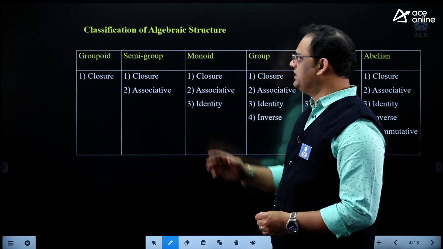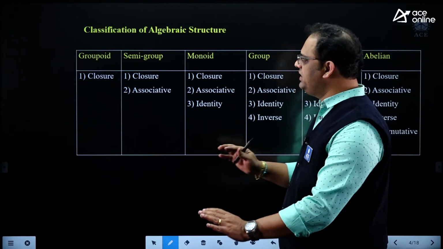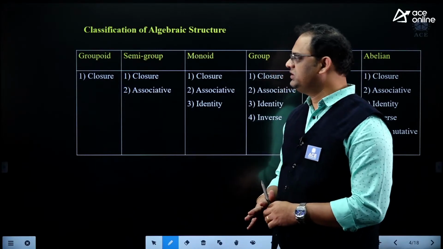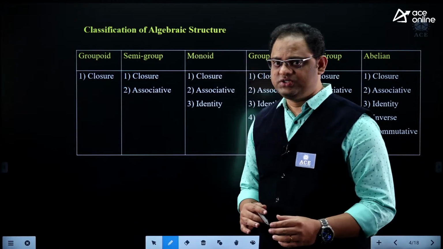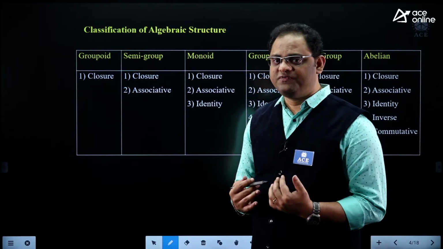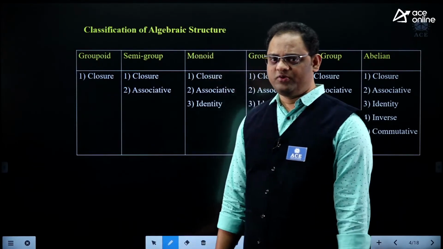Now let us see the classification of algebraic structures. The total idea of this chapter I have given in a simple table like this, right? So there is an algebraic structure. Let us suppose S is the algebraic structure, and S follows only the closure property. It does not follow any other property.